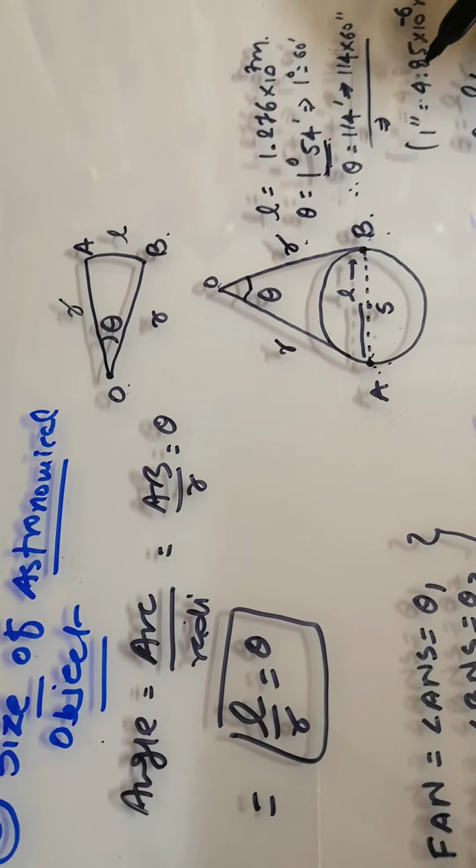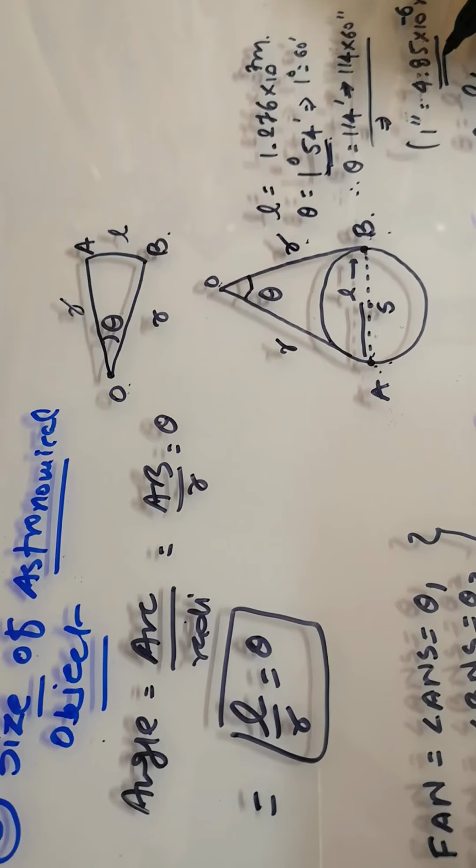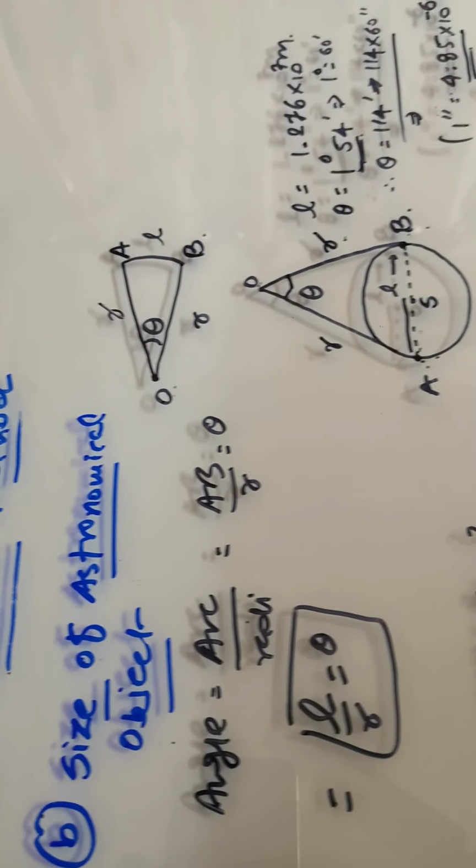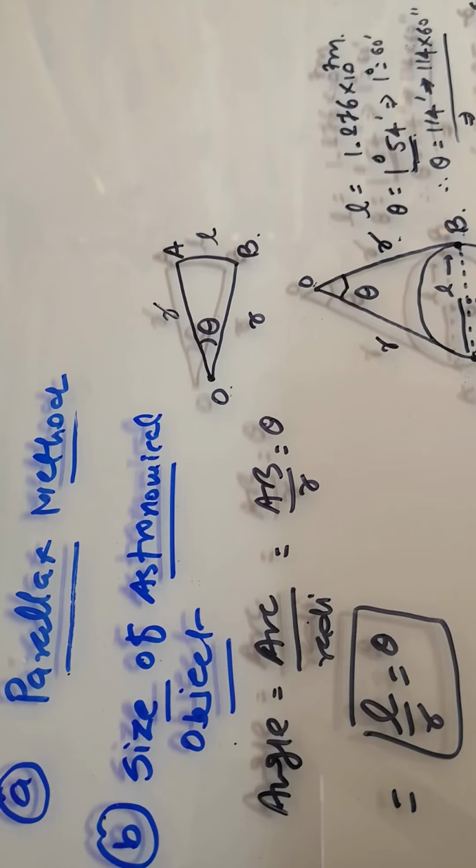But after this method, you are now familiar with the value that 1 second is equal to 4.85 cross 10 to the power minus 6 radians. So you can solve such types of examples. In the next clip we will learn about smaller distances. In this clip we have discussed the parallax method and the size of astronomical units. Thank you.